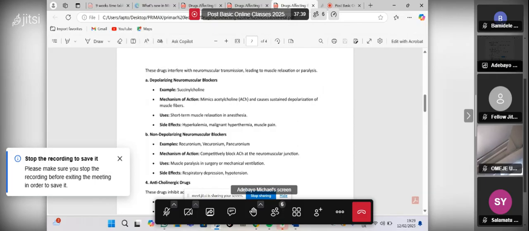Examples are rocuronium, pancuronium, vecuronium. Most of these drugs end in "-ronium", so it is very easy to remember that this is a long acting muscle relaxant.